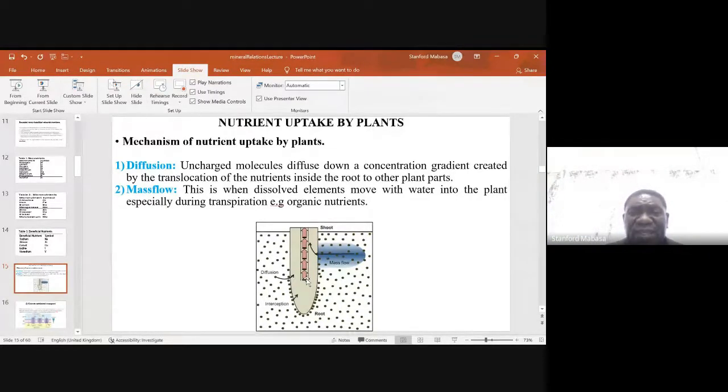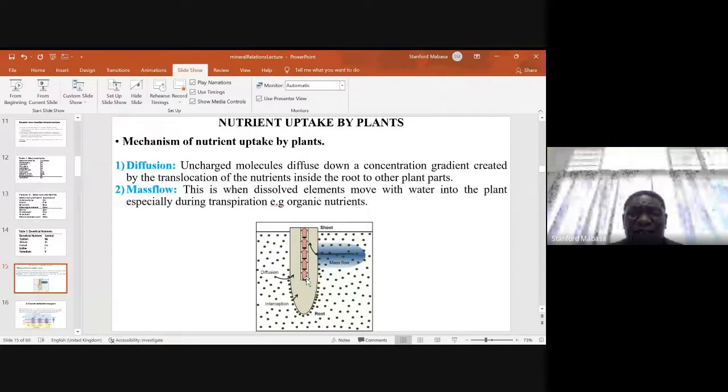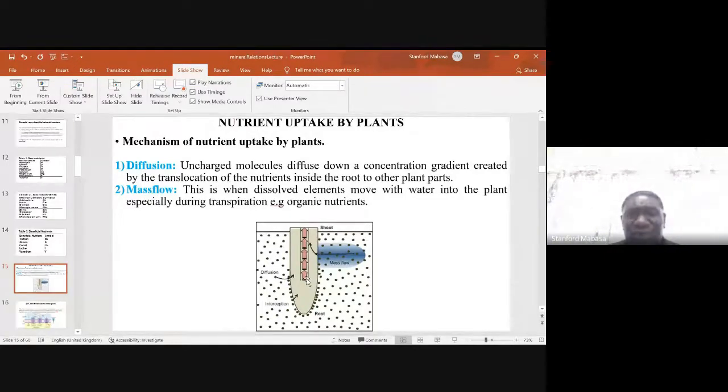It can operate because of concentration gradients, where you have the nutrients moving from high concentration, which is outside the roots in the soil, going into the roots where we have probably a lower concentration of that nutrient.